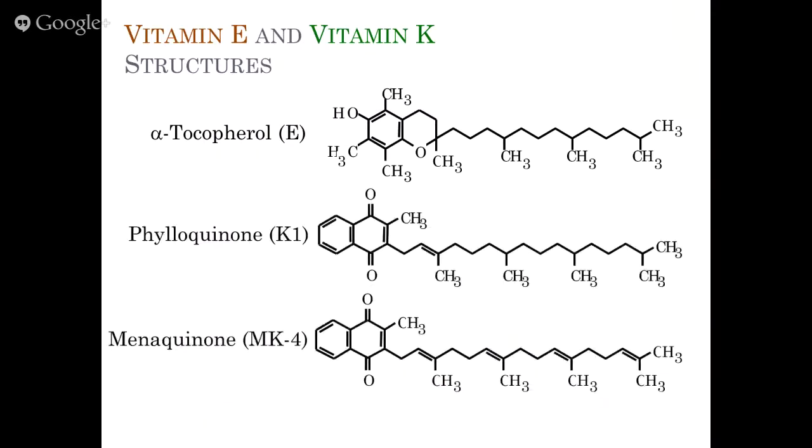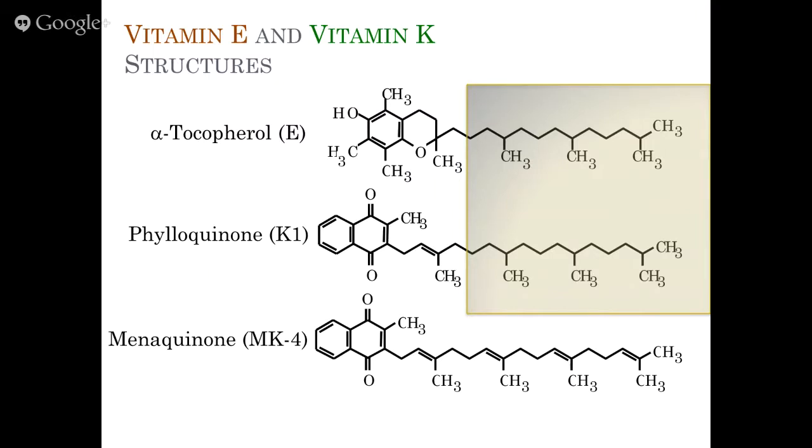Now my next slide shows the tocopherol structure. But quite surprisingly, the vitamin K structures have the same tail. One of our concerns was that maybe all of this concern about supplementary alpha-tocopherol was actually causing an increased metabolism of vitamin K. We explored that possibility, and we don't think that's the case.